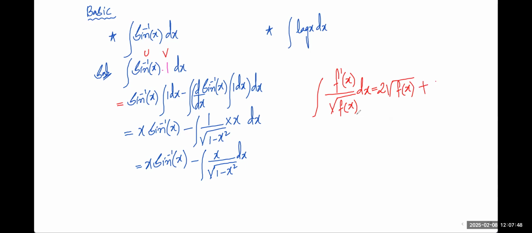Look at comparing these two. Whatever is in the denominator along with the root will be taken as f of x. The f of x value is 1 minus x square. Now if you find the derivative, we should get minus 2x.